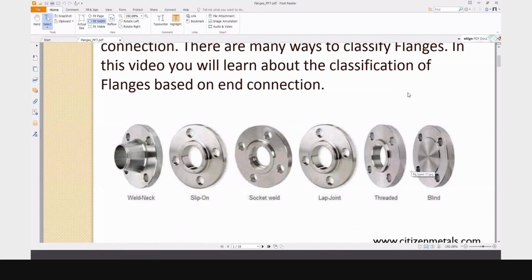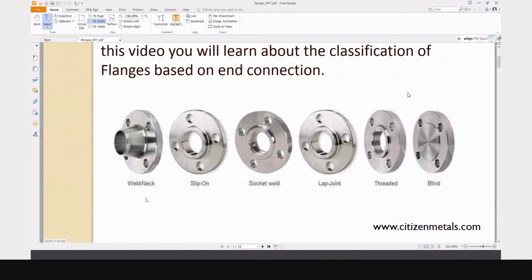Okay, so this may be the weld neck, slip on, socket weld, lap joint, threaded and blind flange.